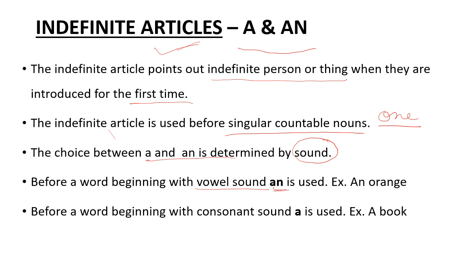For example, orange. This noun orange starts with the sound o, and that is a vowel sound, so we will use an. Then for a word beginning with a consonant sound, we use a. For example, book. The beginning sound of book is b, that is a consonant sound. So we will use a before book.